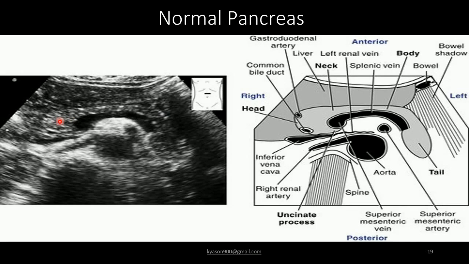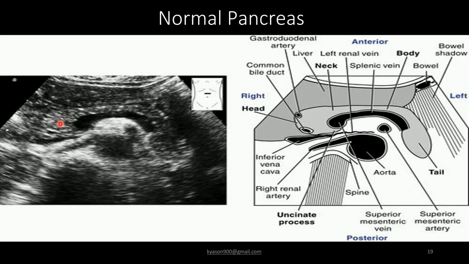As we age, the pancreas's appearance is going to make it difficult to easily differentiate or appreciate these parts, because remember, this pancreas doesn't have a capsule, so surrounding fatty tissue always infiltrates the pancreas, changing its appearance.